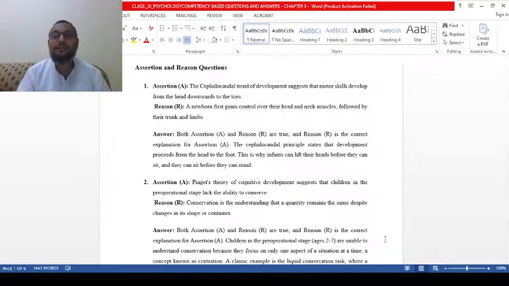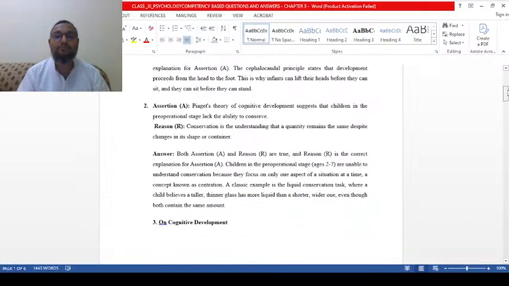The second one is from Piaget's cognitive development. It is related to the pre-operational stage. Children in the pre-operational stage lack the ability to conserve. Reason, conservation is the understanding that a quantity remains the same despite change in its shape or container.